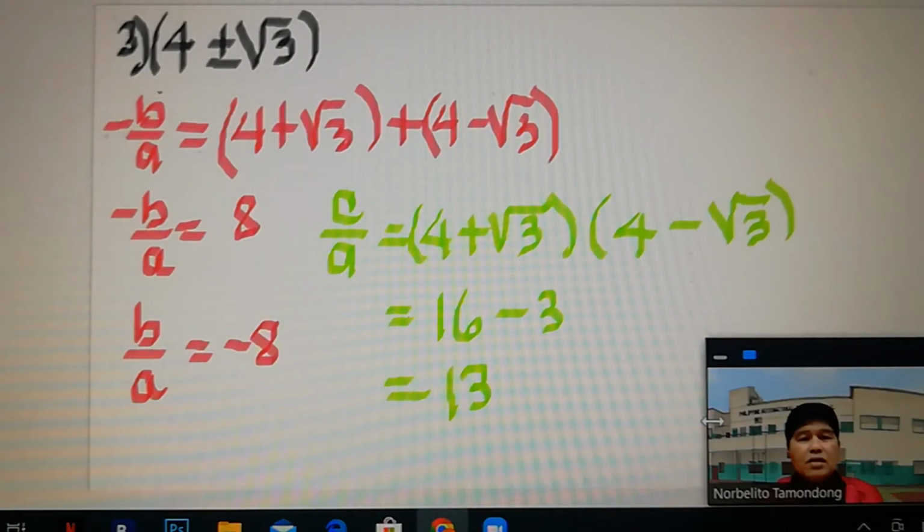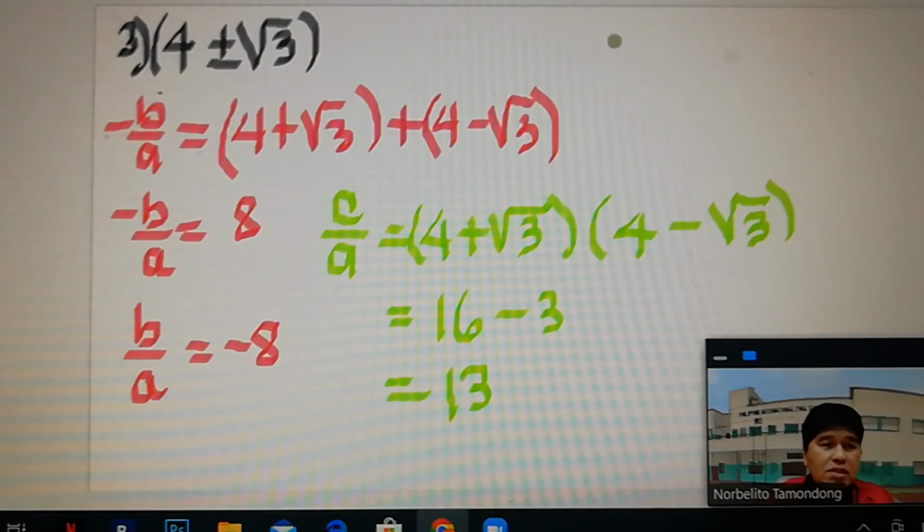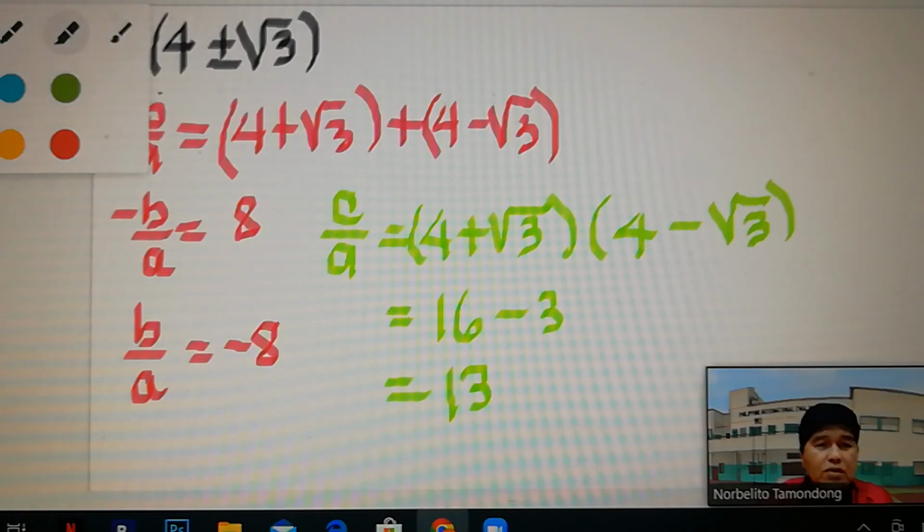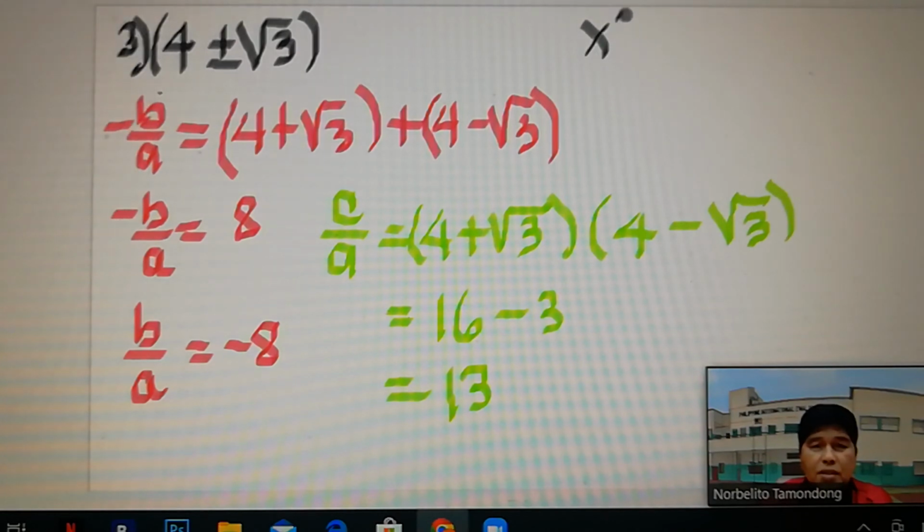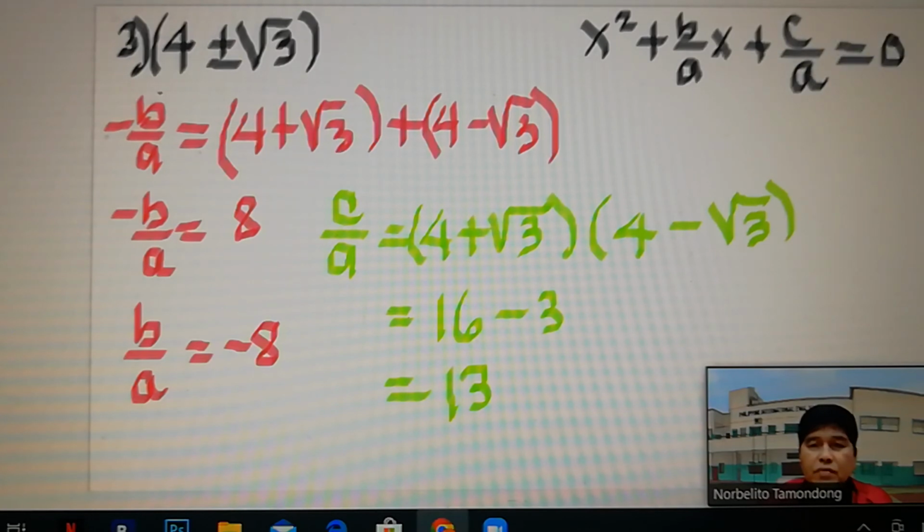So the quadratic equation that represents 4 plus square root of 3 and 4 minus square root of 3 is simply, okay, we will copy x squared plus b over a x plus c over a equal to 0.